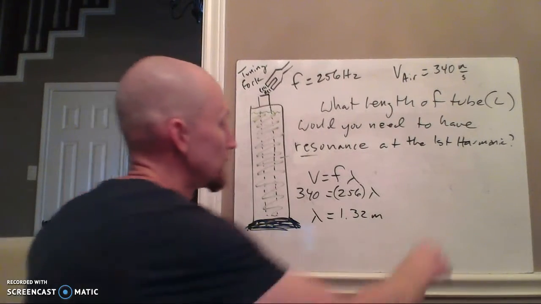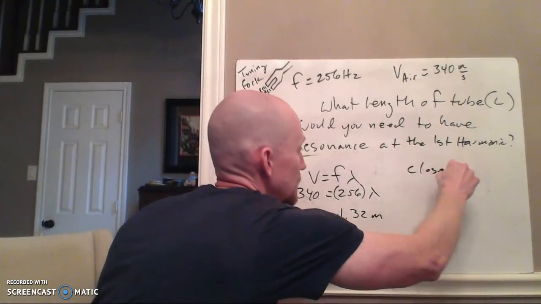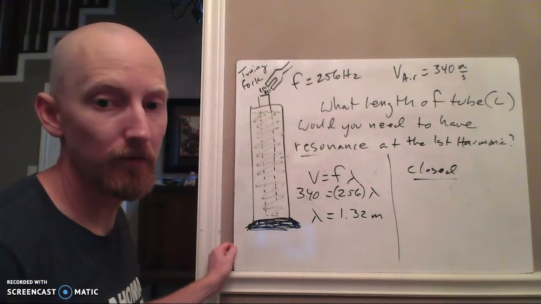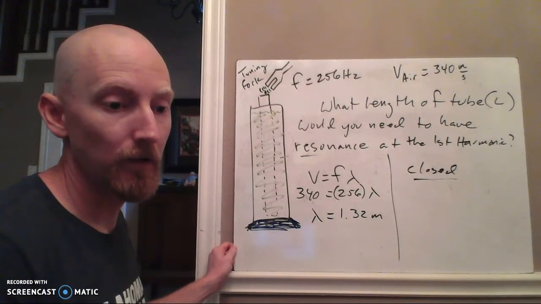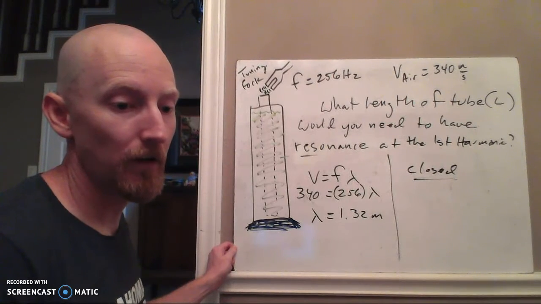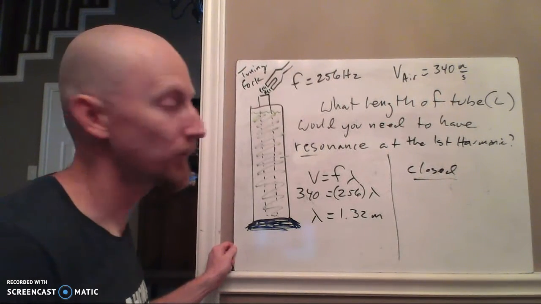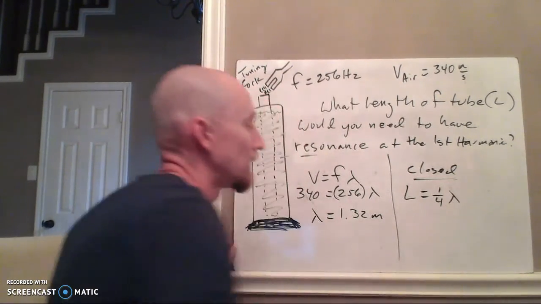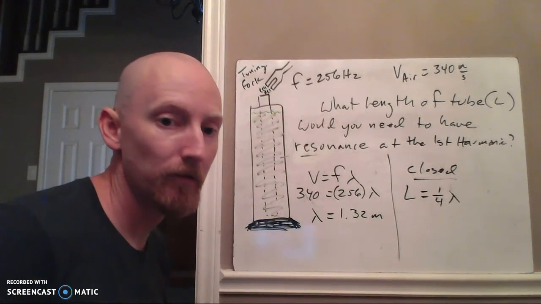Now it's a closed tube. Okay, this is the second part of the problem. It's a closed tube. All right. It's going to be the first harmonic. So for the first harmonic, that's what the math is for the first harmonic.